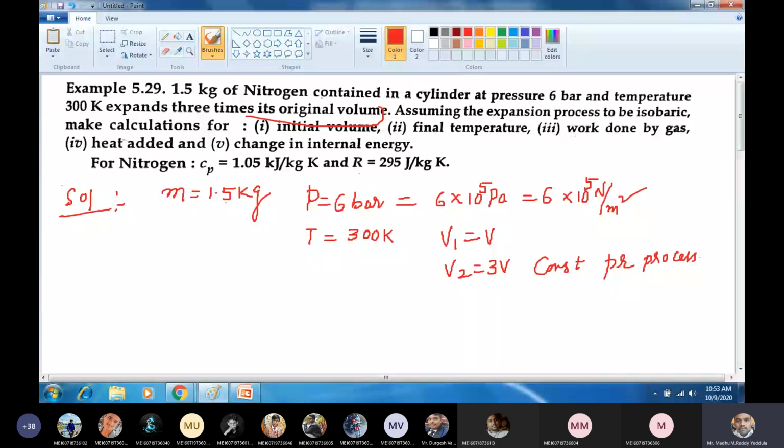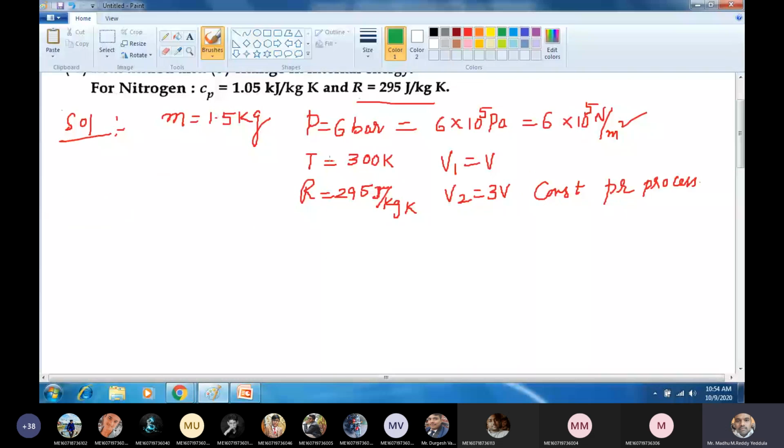Now pressure is given, mass is given, and R value of this particular gas is given. So let me write R value. R is equal to 295 joules per kg Kelvin. Now first calculate initial volume. How to calculate it? You know pressure, you know mass, you know R and T. T is nothing but T1 only.